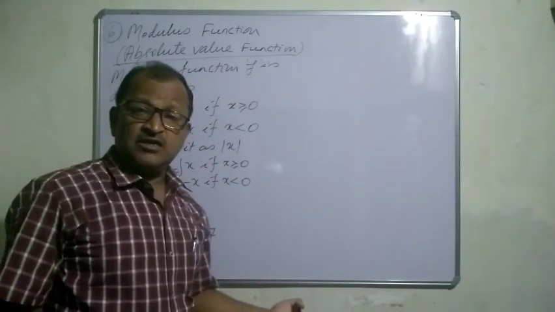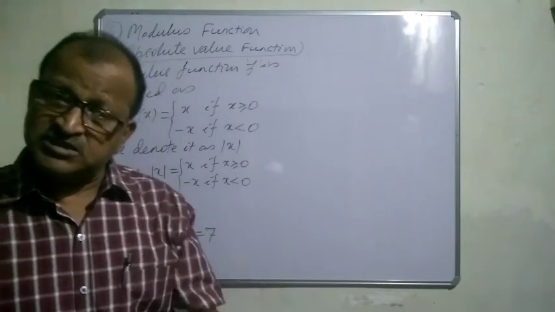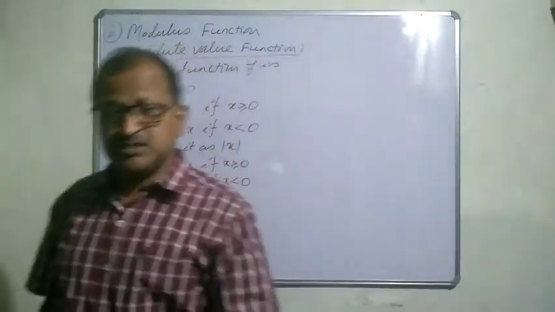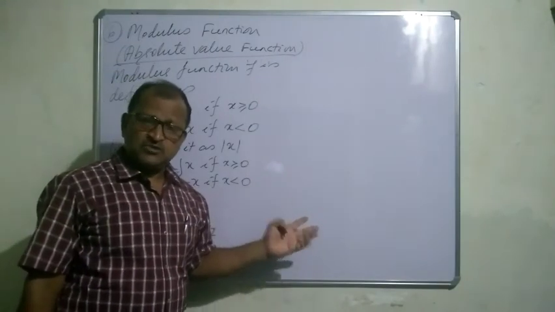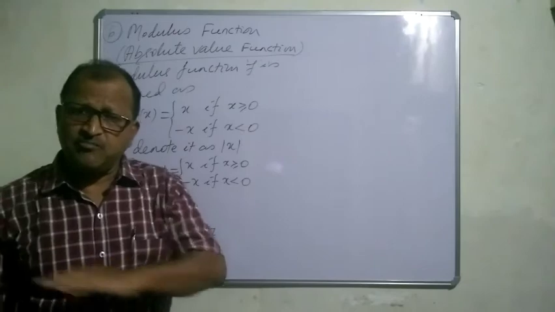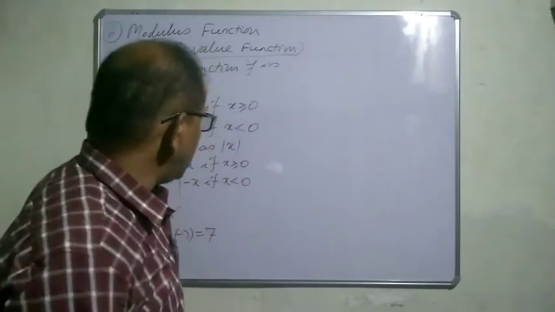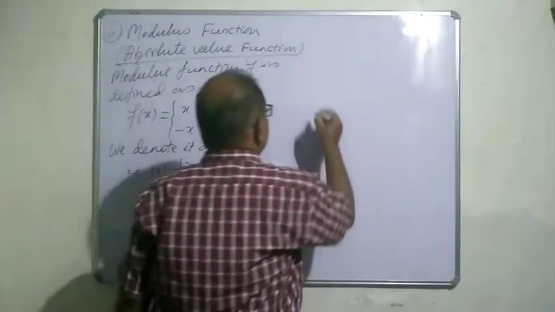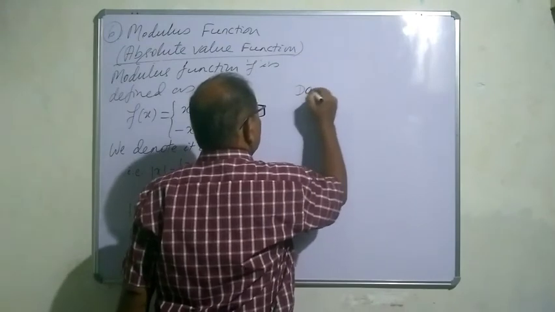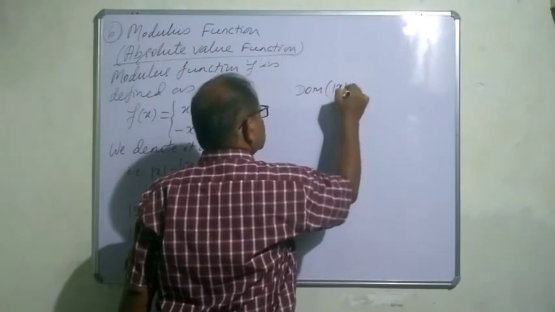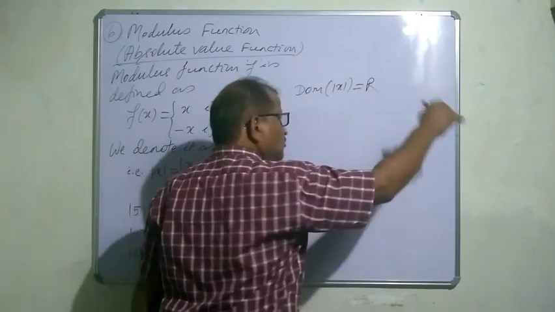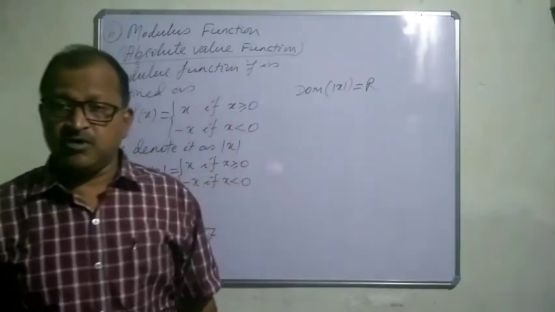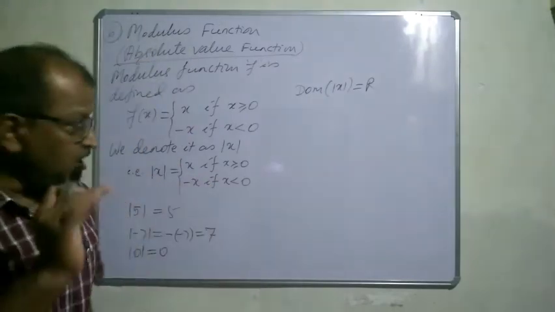If it is greater than or equal to 0, then its value is itself. And if it is less than 0, then its value is minus of that. So it is defined everywhere in the set of real numbers. So what is the natural domain of the modulus function? The domain of the modulus function is equal to the whole set of real numbers.